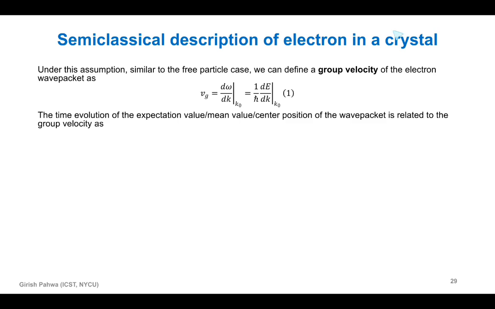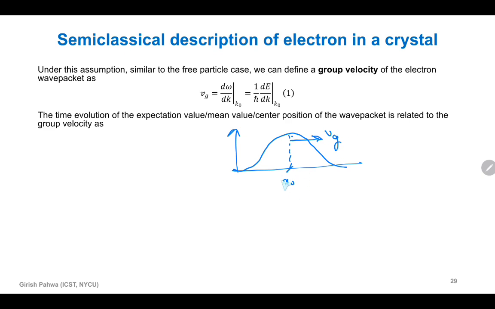So if you have a wave packet like this, you have x naught somewhere here. This is the center of the wave packet, and with a group velocity, this whole thing is moving with Vg.